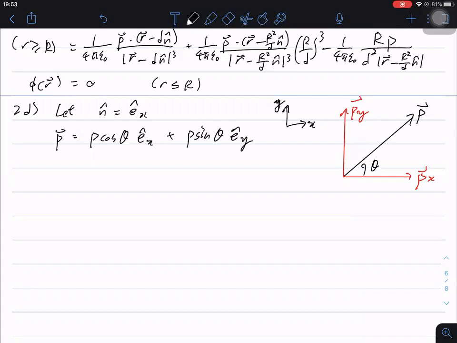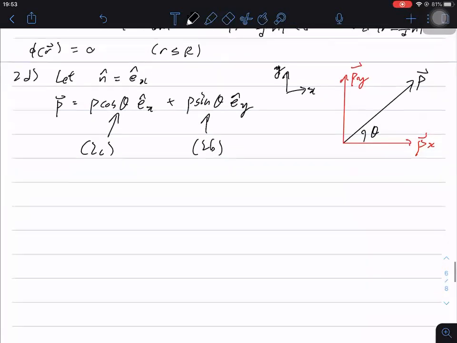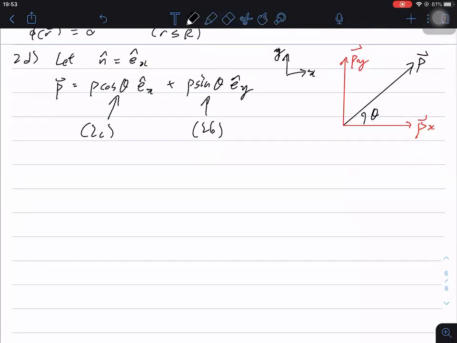And clearly, for the x component, the parallel case, you just have to apply the solution of 2C, and for the perpendicular component, you just have to apply the solution of 2B. Okay, so with that, you can basically just write down the solution.